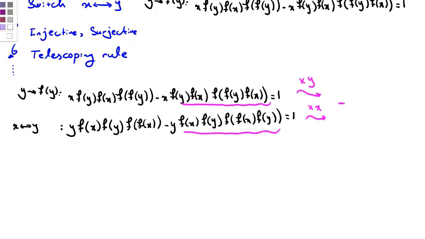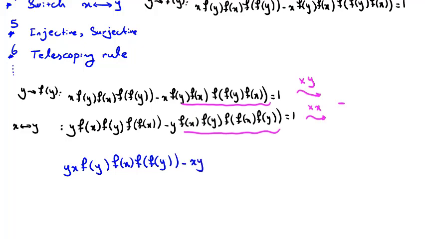The first one, if I write the rest in blue, will be yx, f of y, f of x, f of y. Now here, you multiply this by y, xy, and x here, and subtract, so it will be cancelled, so you can write only minus x times this, minus xy, f of x, f of y, f of x equal to what? Right side.